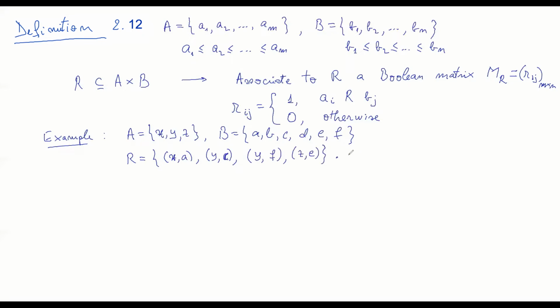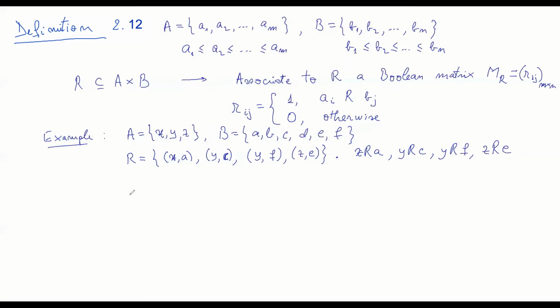Another way of writing this is saying I have X in relation R with A, Y in relation R with C, Y in relation R with F, and Z in relation R with E, and nothing else. So that's the definition of R.